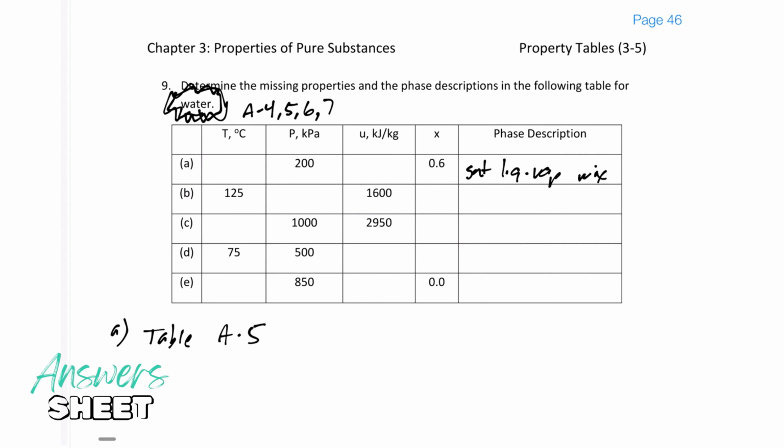And start there. Since I know it is a mixture because of the quality, I know this is at Tsat. There's only one temperature for saturated values at a pressure of 200 kPa. Let's go to our property tables.